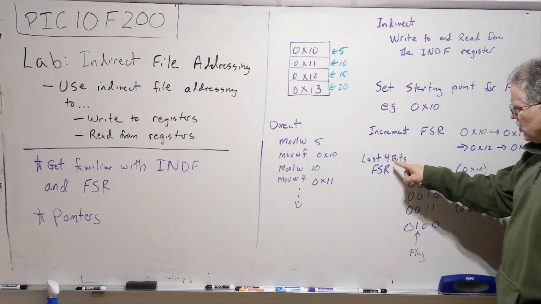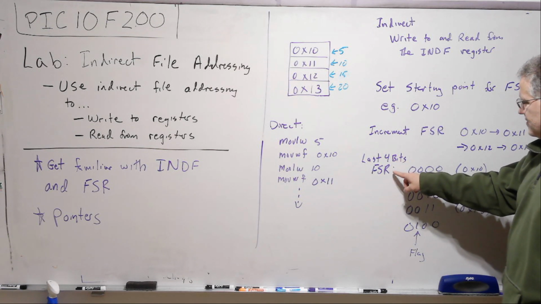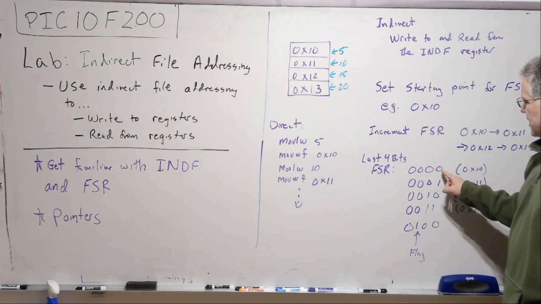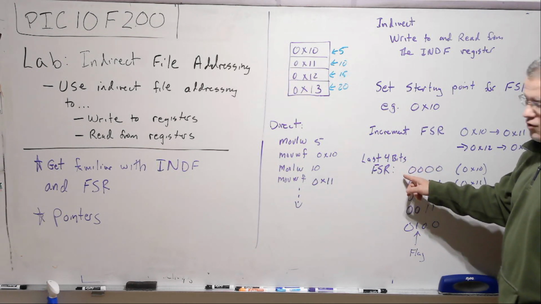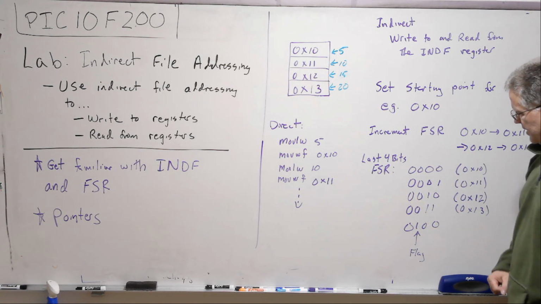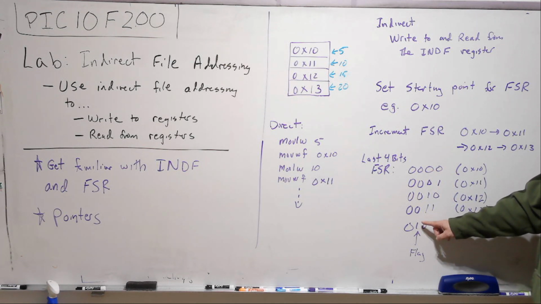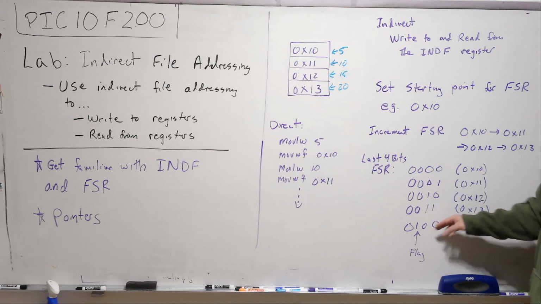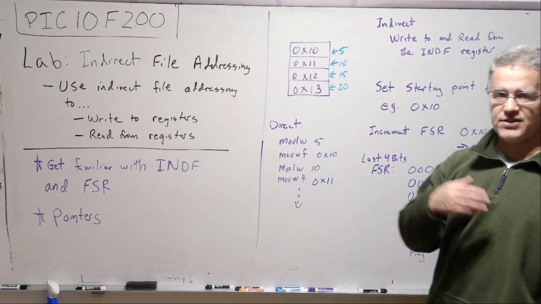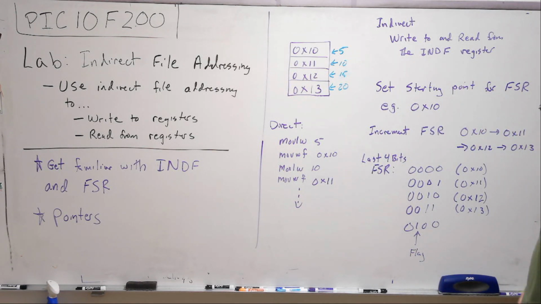Now, what's important is the last 4 bits of the file select register, so 0, 1, 2, 3, and actually 4, but we're only going to need to worry about this here. So we're going to just use 4 of these, and we're going to flag on the file select register to know when we're done writing this. Otherwise, it'll just keep trying to write to sequential memory registers.